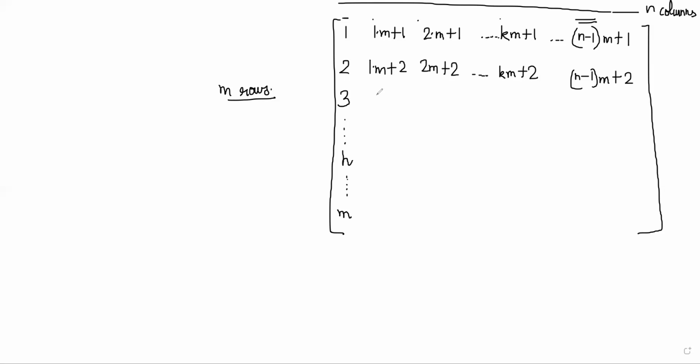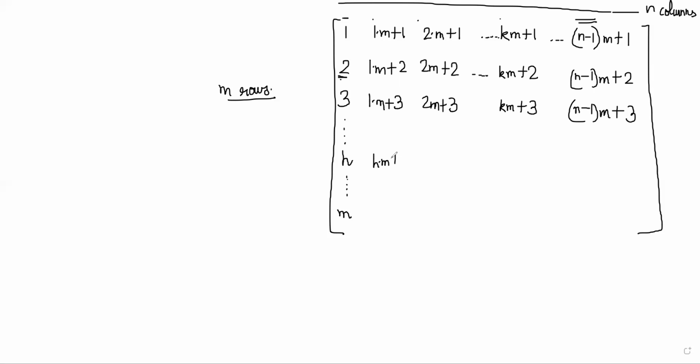Whatever number is 2 here, that is added: plus 2, plus 2. You start with 1 into m plus 1, 2 into m plus 1, go till n minus 1 into m plus 1. Then the next row is 1 into m plus 3, 2m plus 3, km plus 3, n minus 1 into m plus 3.